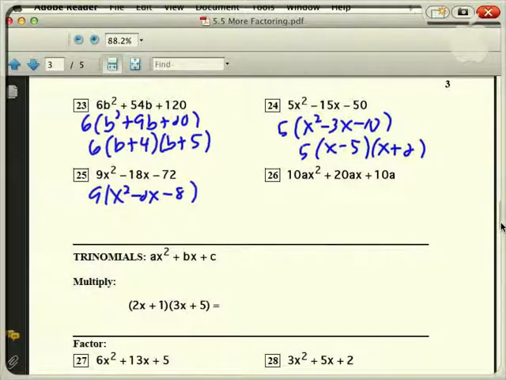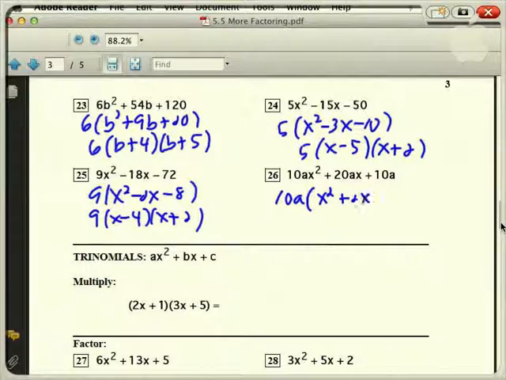And then you can finish factoring. And then in number 26, take out a 10a. And then you can finish factoring. That's a trinomial square there in x squared plus 2x plus 1. So you could do it that way, or you could do it the new way.